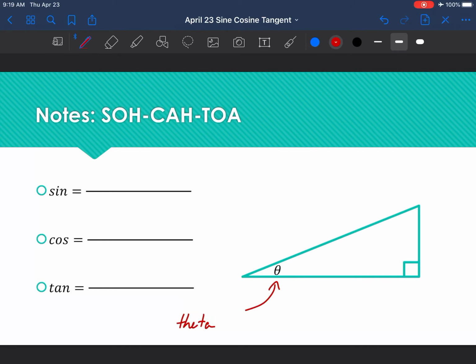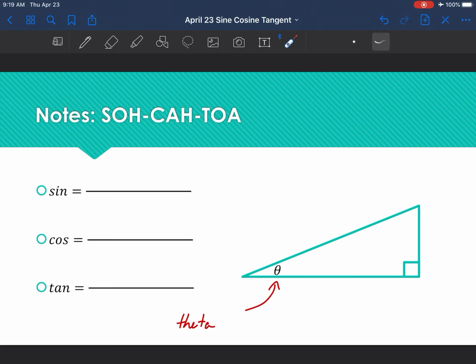Sine, cosine, and tangent only work for right triangles, so you have to have a box in the corner. Assume that if the triangles we do in here don't have the box, it's a right angle anyways, but I'm going to try to make sure that I have the right angle every time.